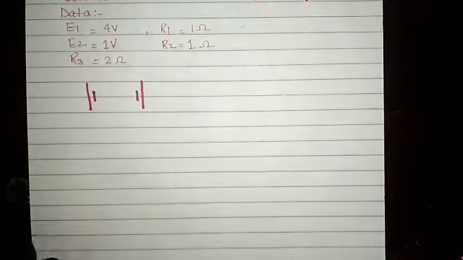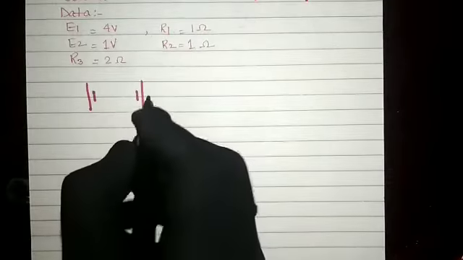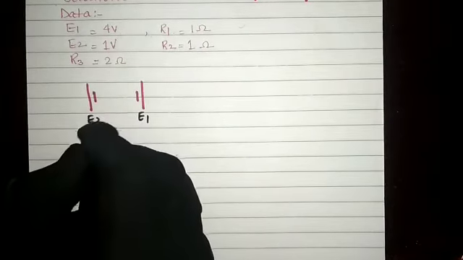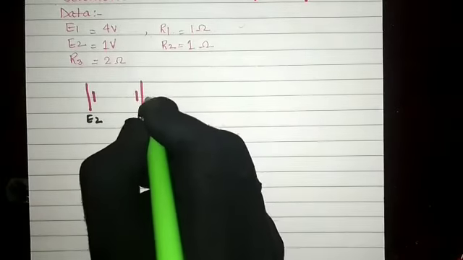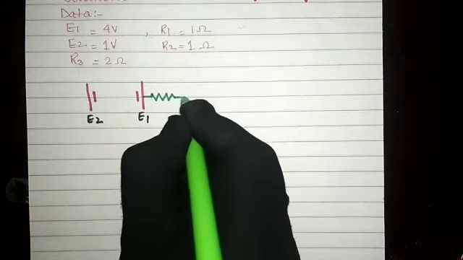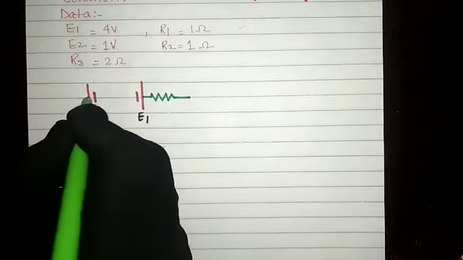So consider this is your E1, this is your E2 with their internal resistances. These are the internal resistances.